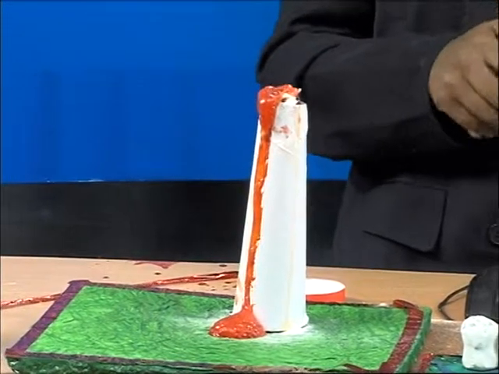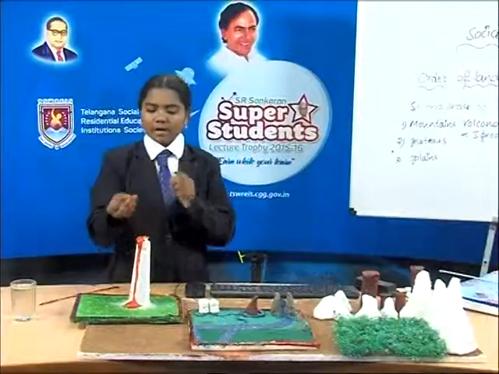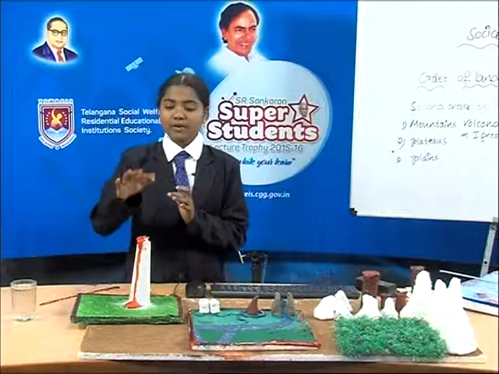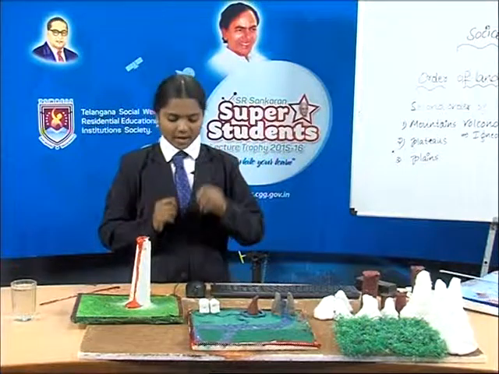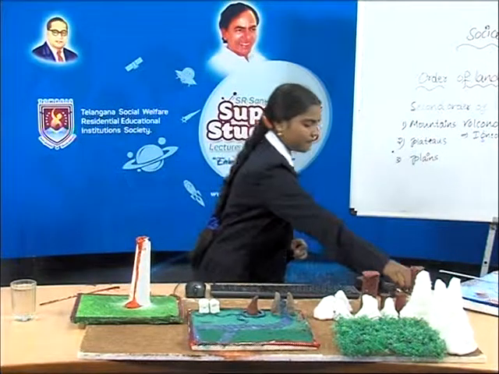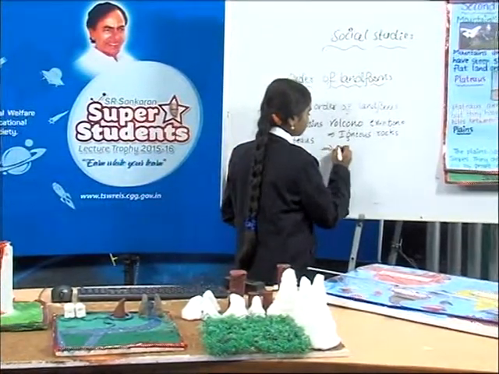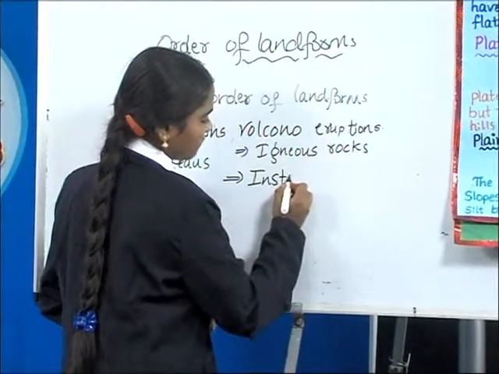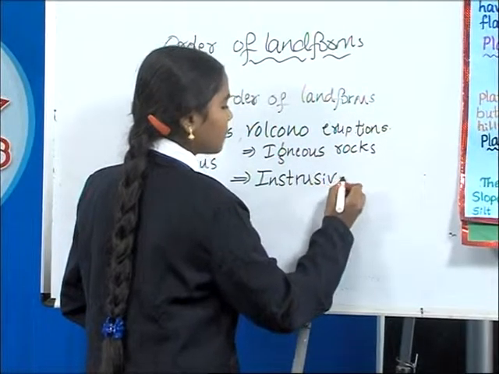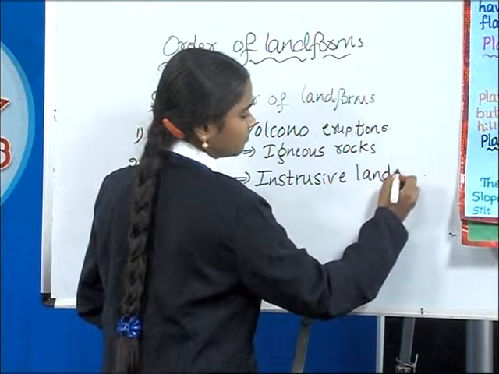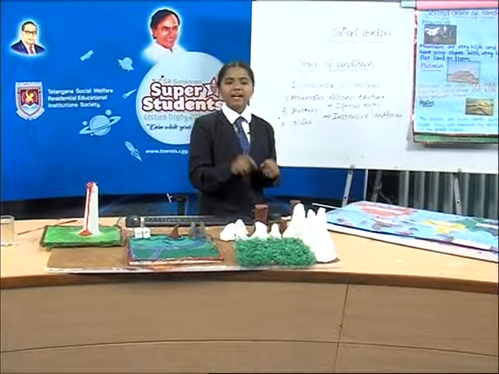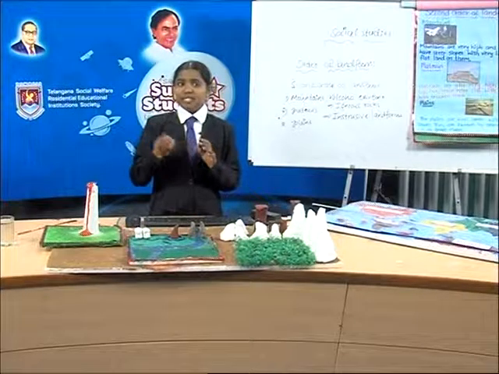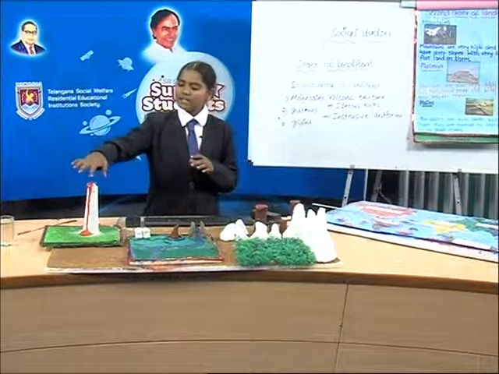By the erupting of the lava, some of the lava can't reach the surface of our earth and cools down under the surface only.